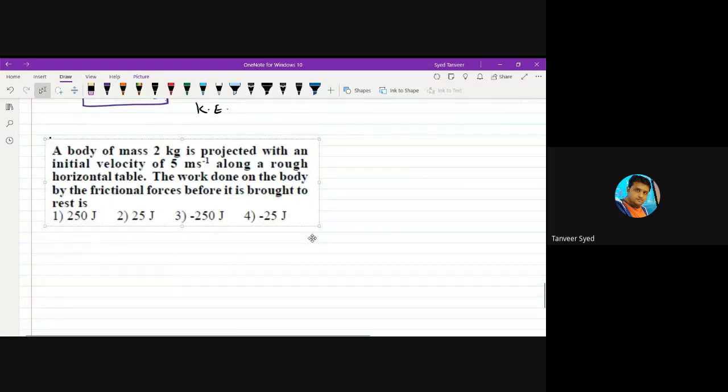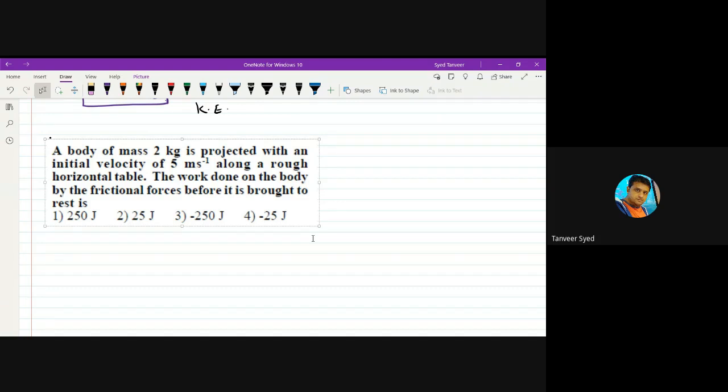A body of mass 2 kg is projected with initial velocity 5 meter per second along a rough horizontal table. Work done on the body by the friction force before it is brought to rest is.